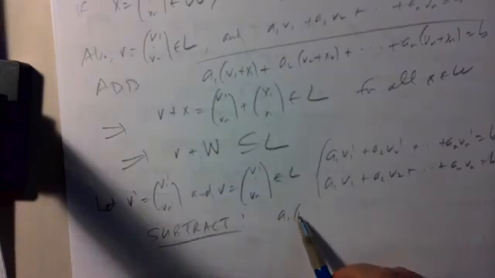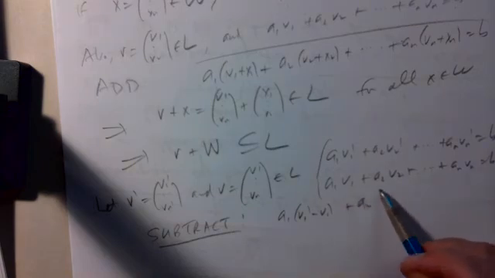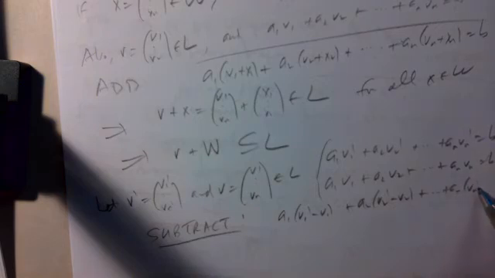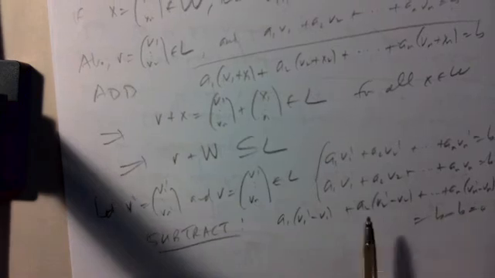So I get A1 (V1 prime minus V1) plus A2 (V2 prime minus V2) and so forth, plus An (Vn prime minus Vn) is equal to B minus B, or 0.